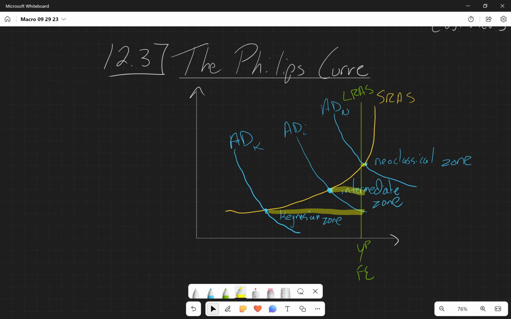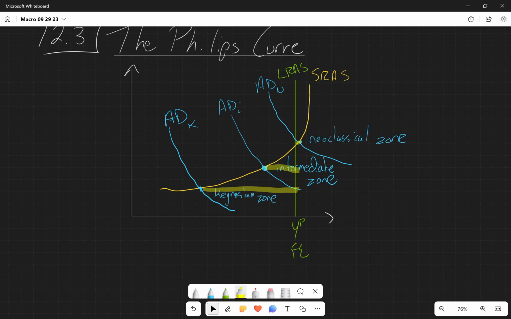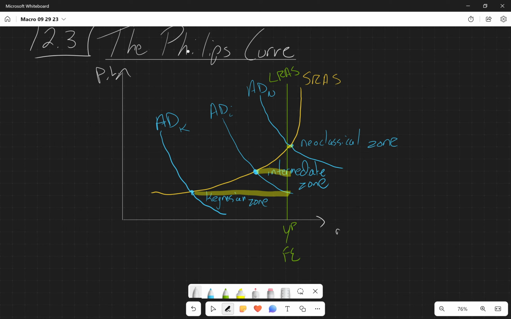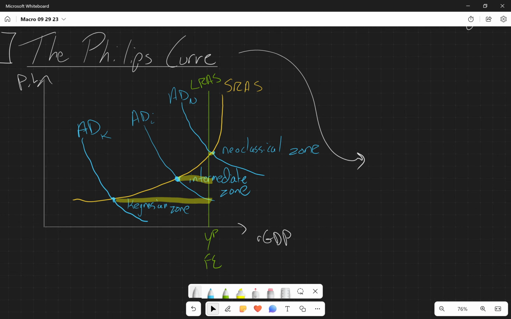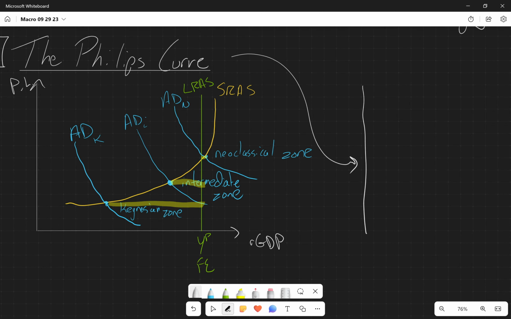And when we're talking about policies to implement, we're going to end up talking about a curve that is a complete departure from this curve right here, where we have price level on the y-axis and real GDP on the x-axis. When we're talking about the Phillips curve, we're going to have new things on the axis. How exciting.